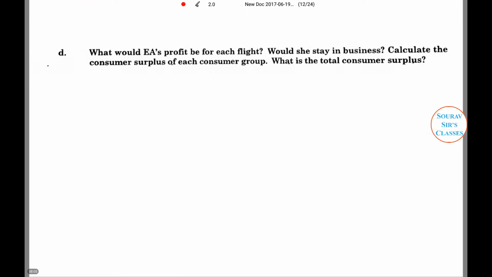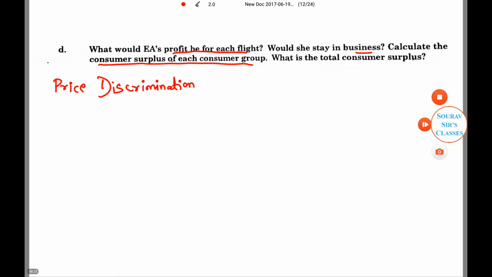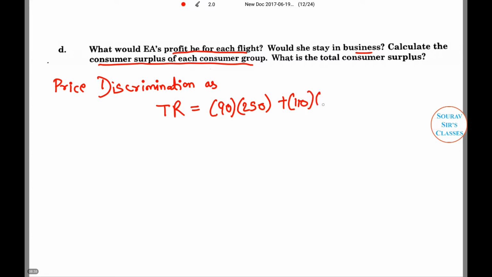Now we need to find out EA's profit for each flight and whether she would stay in business, and to calculate the consumer surplus of each consumer group. Now with price discrimination, we find the total revenue: TR equals 90 times 250 plus 110 times 375, which equals 63,750.